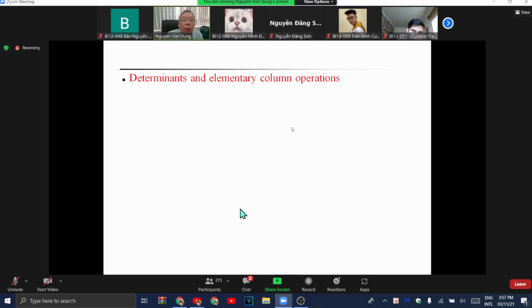Now, I want to tell you that the determinant of a square matrix can be computed by using row operations.